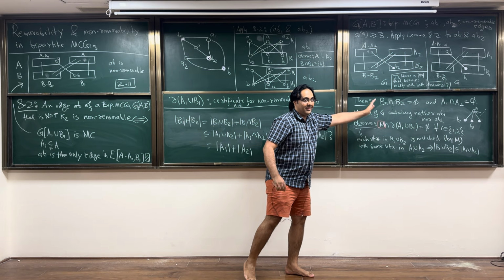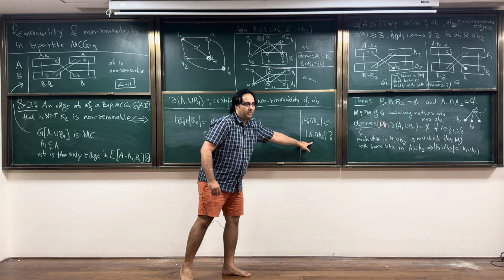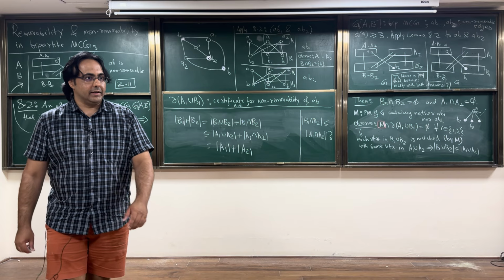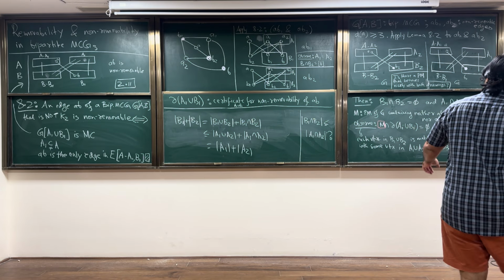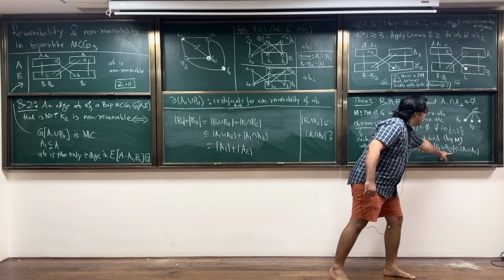This is where we want to go. But maybe let's just try to think about this for now. Can you all think about this? Is it true that B1 intersection B2 is less than or equal to A1 intersection A2? I want you to pay attention to this argument. How did we prove this?